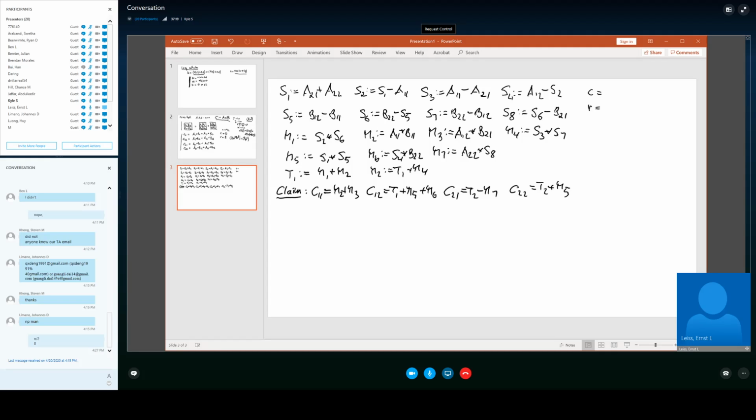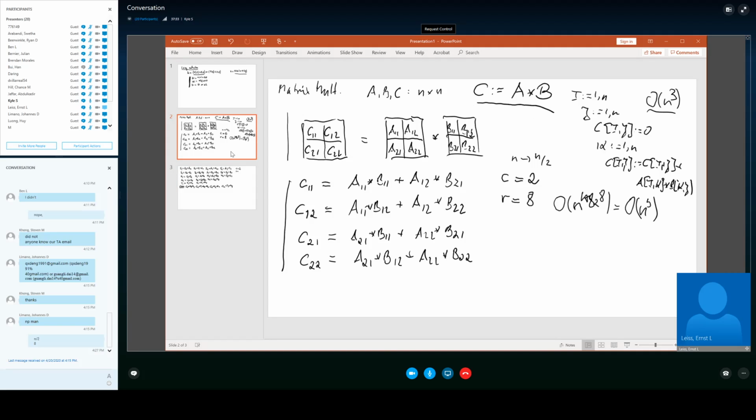Well, nothing has changed. The C is obviously 2 as before. We go from n to n over 2 for the matrices. The original matrices A, B, C were n by n matrices, and now we're replacing them by n over 2 by n over 2 matrices.